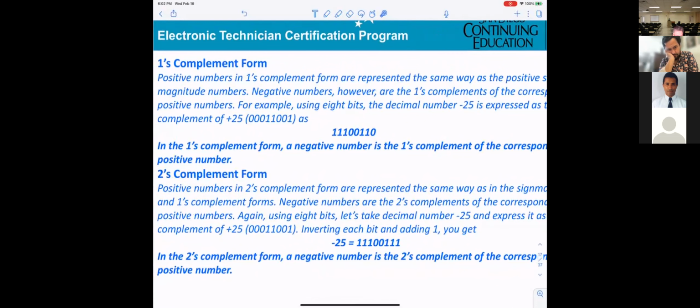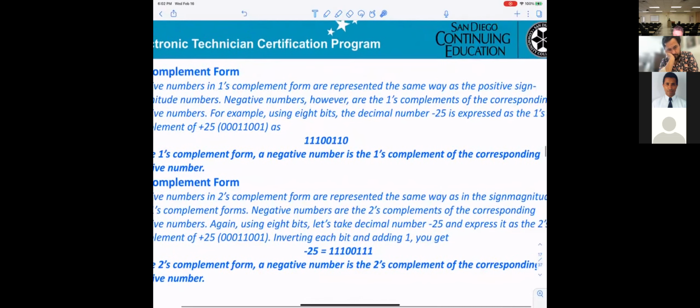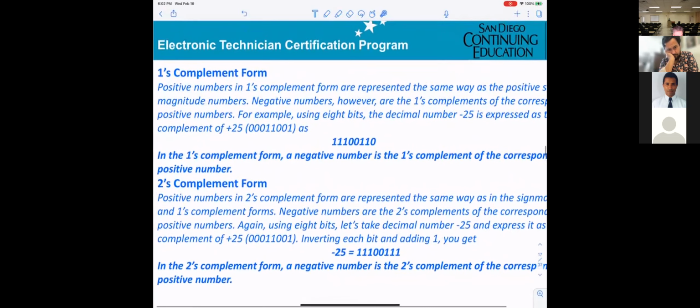For example, using 8 bits, the decimal number minus 25 expressed as first complement of plus 25. This is the number 25. However, in first complement, you see the first bit has to be a 1. That tells you it is a negative number.